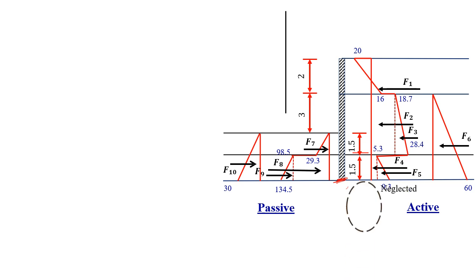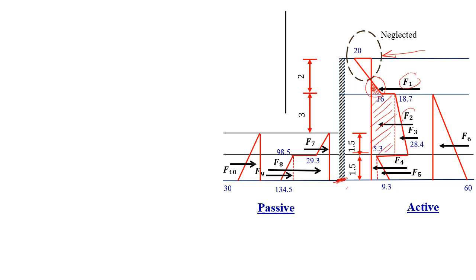So this zone, as we have just said, will be neglected, and starting from this triangle you will deal with the problem. The area of this triangle will be the first force F1. The area of this rectangle will be F2.